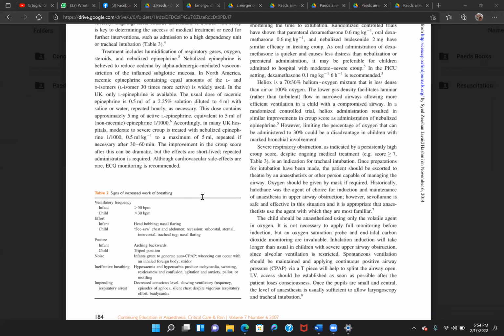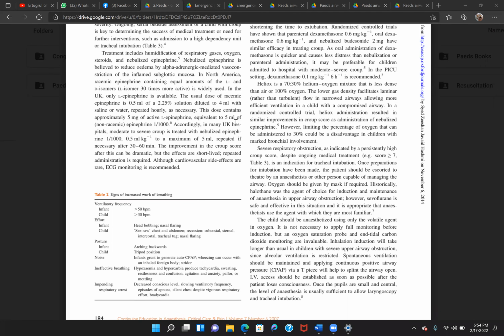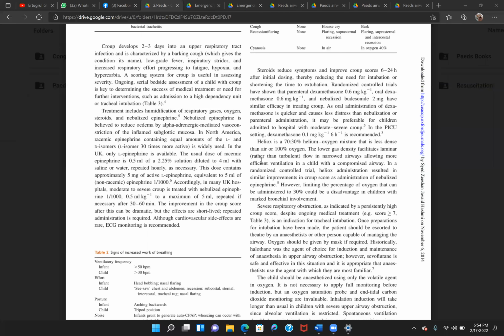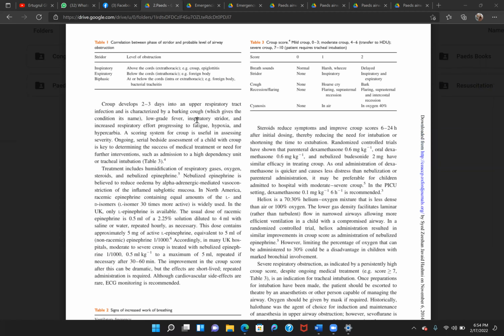In addition to the maintenance of the airway, certain things will be required, like the use of racemic epinephrine to reduce the edema. In some scenarios there may be need of heliox, which is low in density, so it improves the airflow.